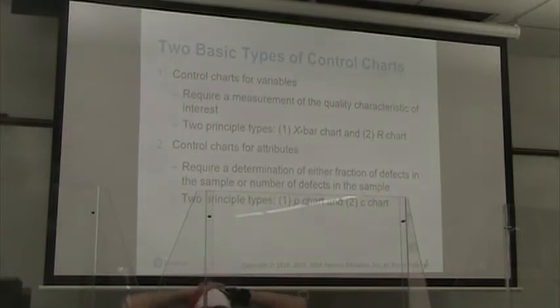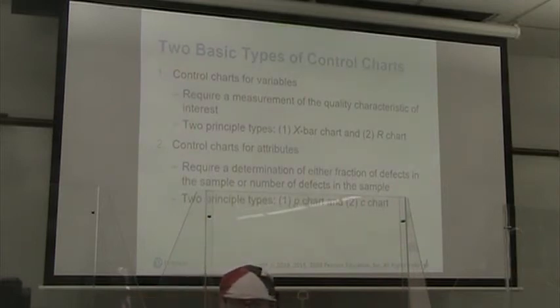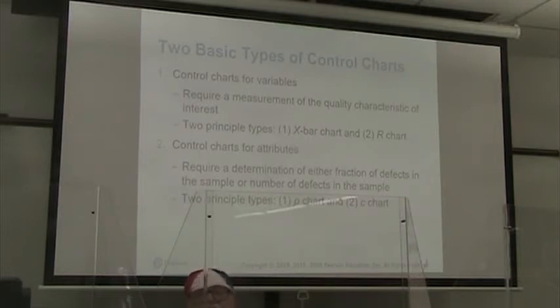So that specific measurement will be a critical measurement for the product or part, such as diameter, length, etc. Second is control chart for attributes. Those require a determination of the fraction of defects in the sample or the number of defects in the sample. And those can be either a P chart or a C chart.